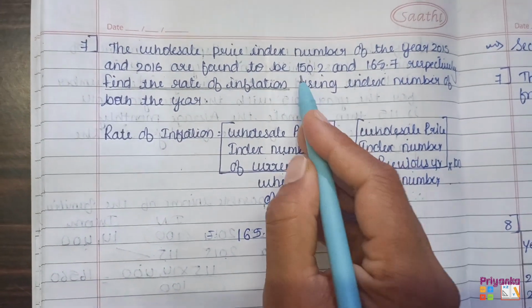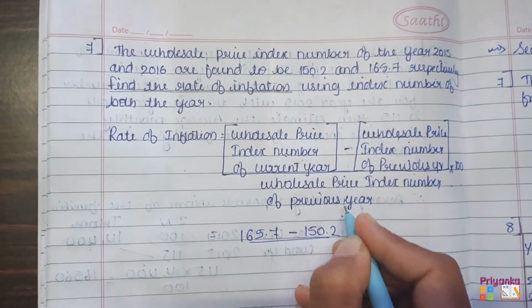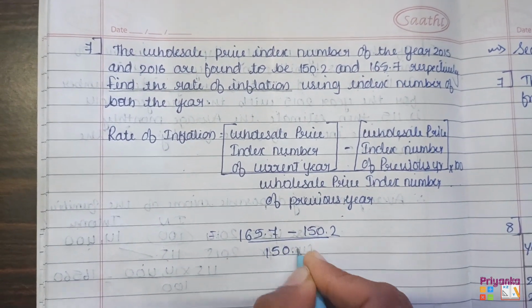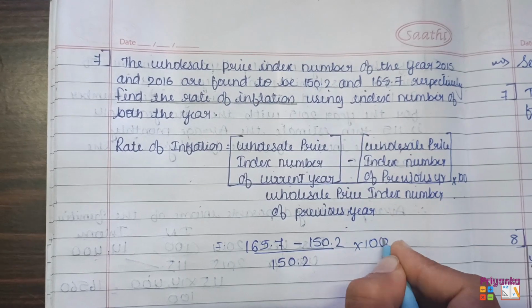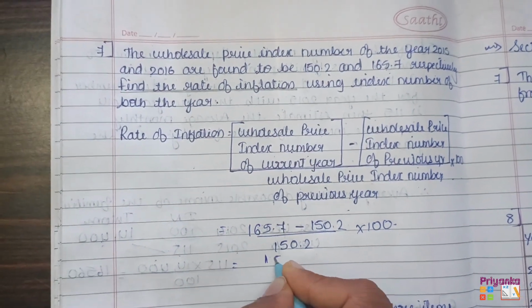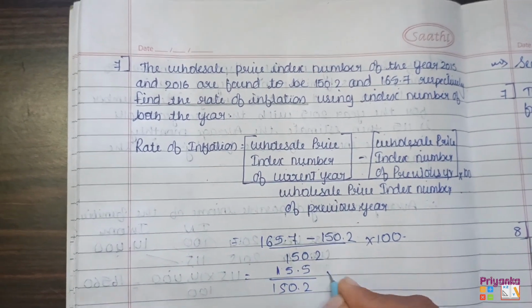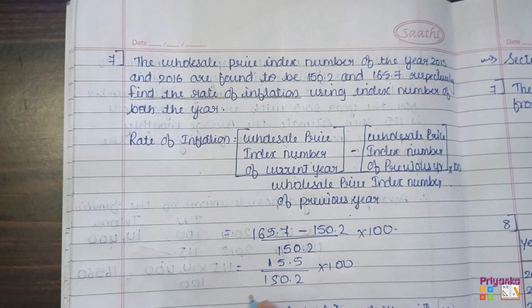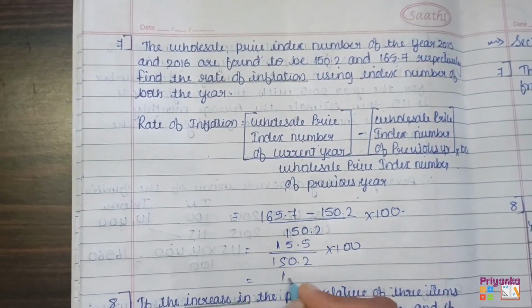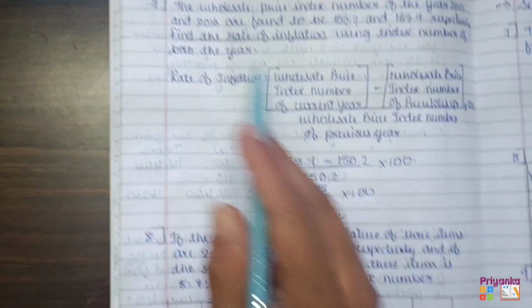So 165.7 minus the previous year 150.2, divided by the previous year again 150.2, multiplied by 100. Get the calculation. Here it comes to 15.5 divided by 150.2 multiplied by 100, and here it is 10.32% rate of inflation.